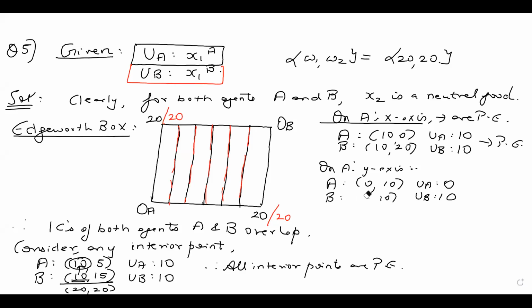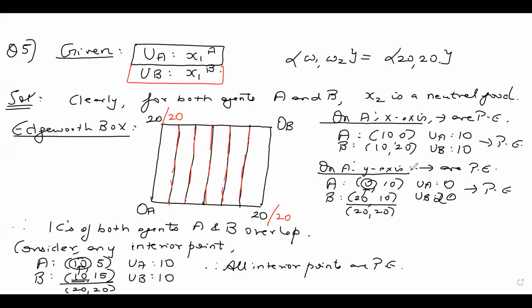Guys, please correct this: this is 20, 10, because the total should be 20, 20. Again, the utility which A gets is only from good 1, and the utility which B gets is again only from good 1. B is already getting the highest utility of 20. If you try to make A better off, A needs more units of good 1. If B gives that, B becomes worse off. So Pareto efficient. All points on A's y-axis are also Pareto efficient.